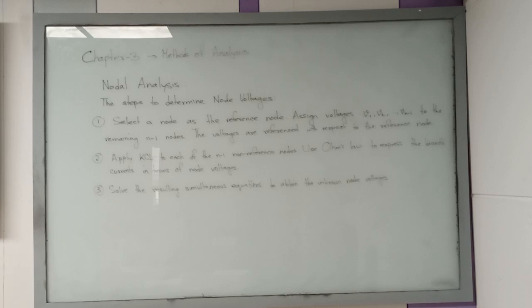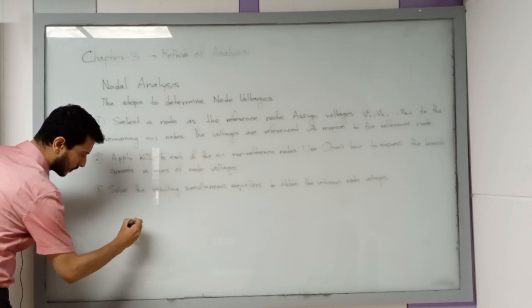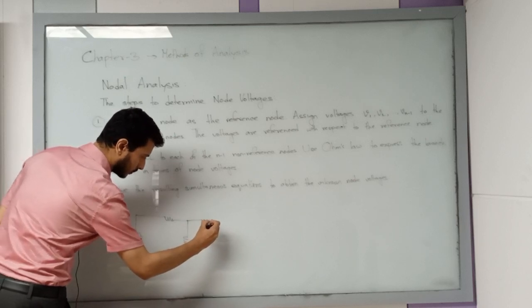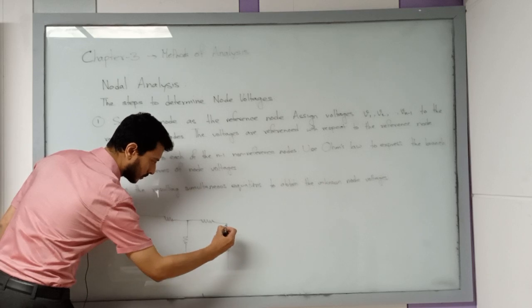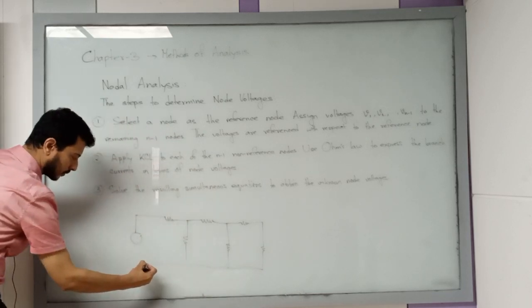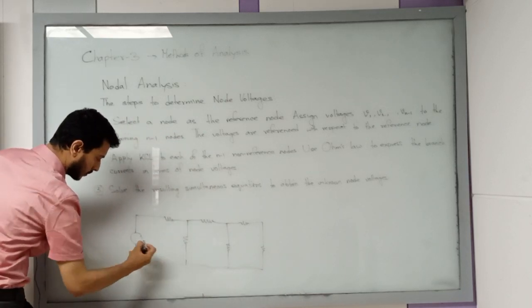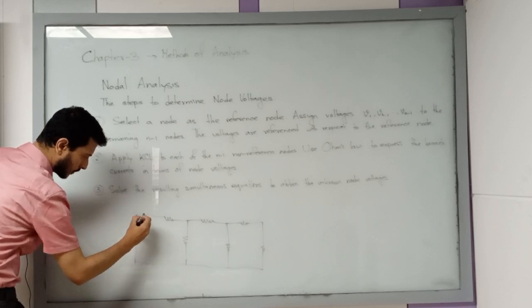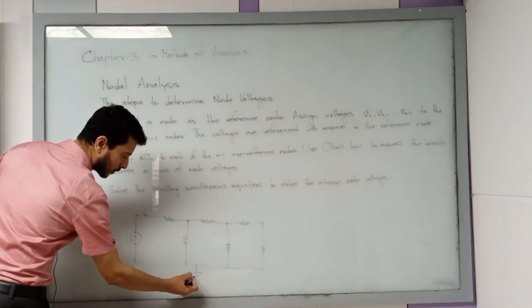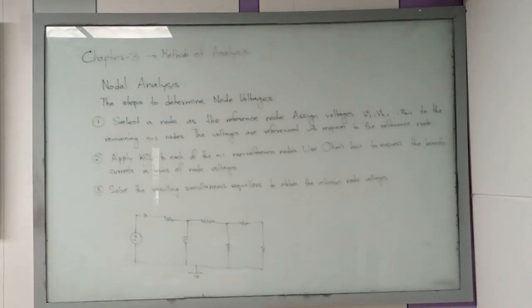Suppose you have a complex circuit, okay? In that complex circuit you have many nodes. Let's say a circuit like this, with a source here. Yes, there is a circuit like this. So in this circuit you have many nodes, right?